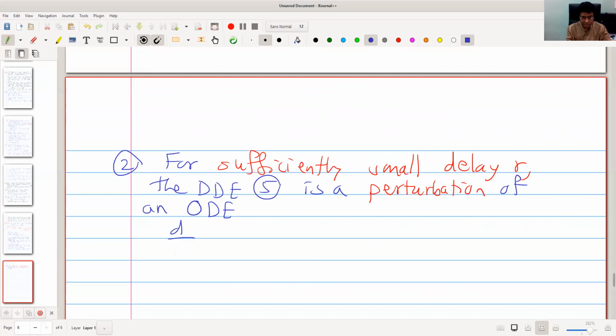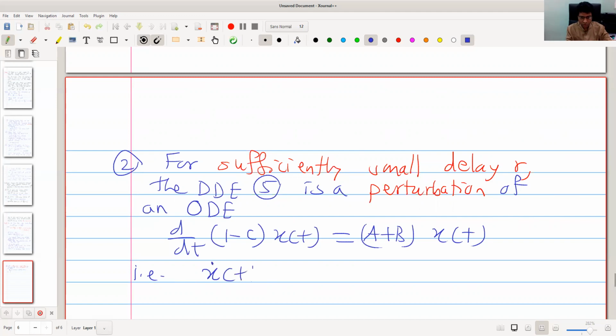We are tending r to 0, so we are getting d by dt of (1 minus c) x of t equal to a plus b x of t, that is x dot of t equal to (a plus b) divided by (1 minus c) x of t.